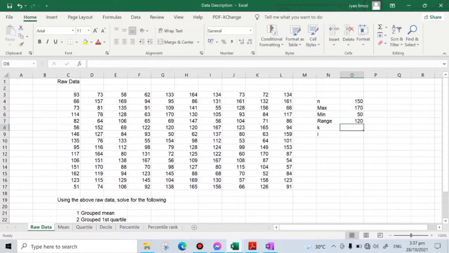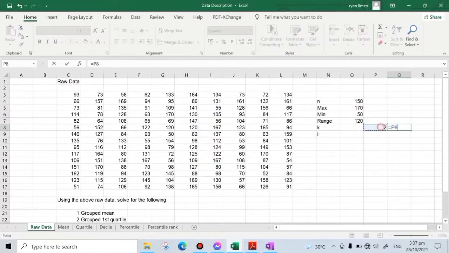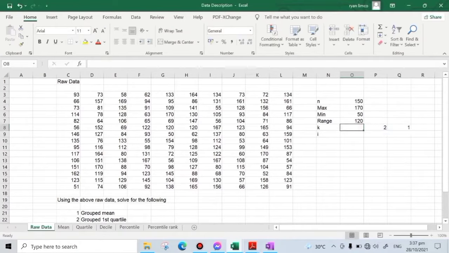That's 120. For the k, so yun yung 2 raised to the power of k. Dapat yung sagot po natin dito is higher than 150. So start tayo with 5.